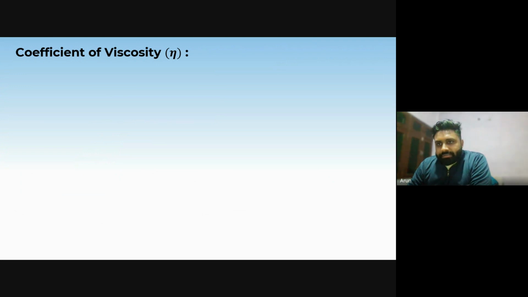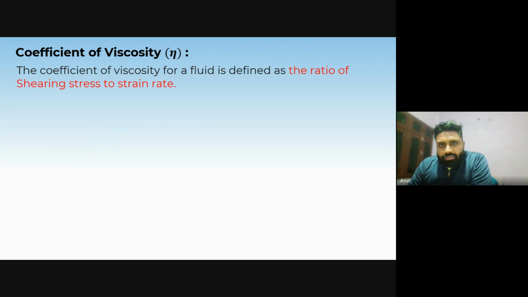Now, coefficient of viscosity, eta. The coefficient of viscosity for a fluid is nothing but the ratio of the shearing stress to the shear strain rate, not the strain only. It is a strain rate, because experimentally it has been observed that the value of force does not depend on the strain.